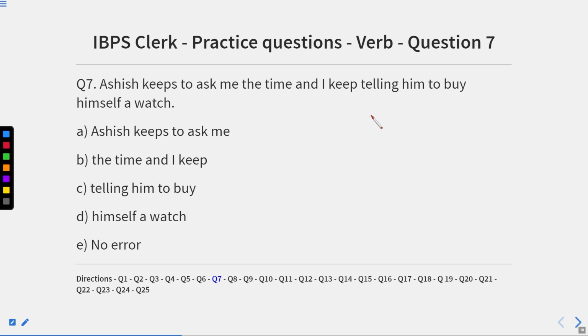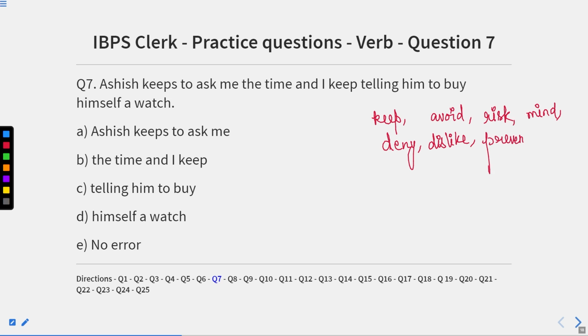Now, whenever we have some words like keep, avoid, risk, mind, deny, dislike, and there are many more words like prevent, stop, start. So these are also some words, stop, start. Now if I say keep, now what?